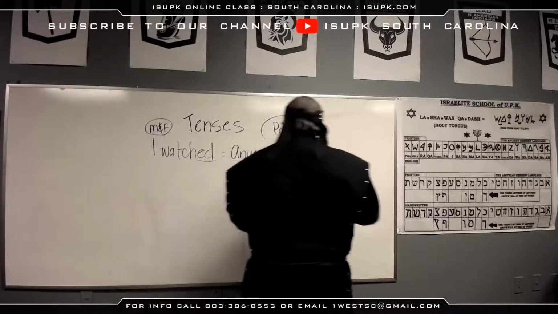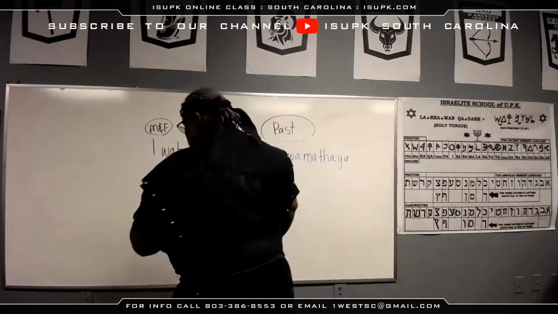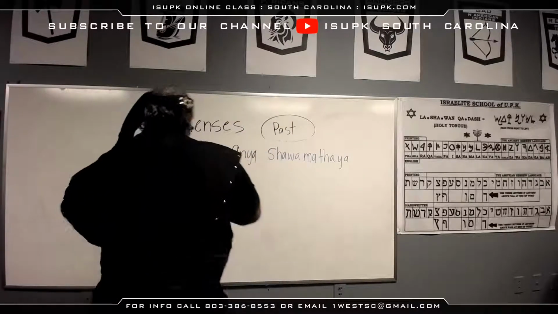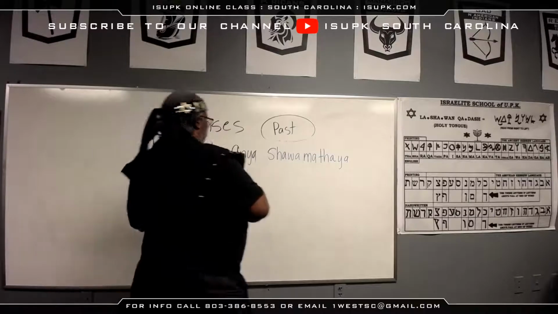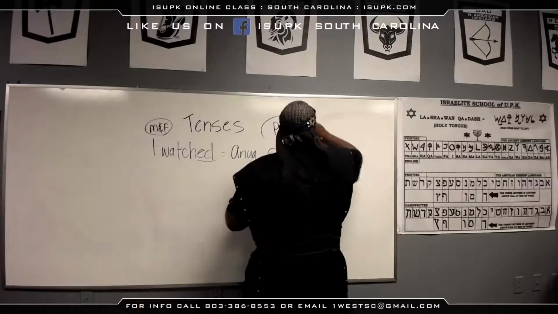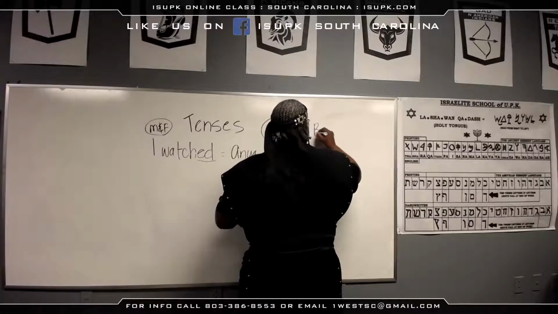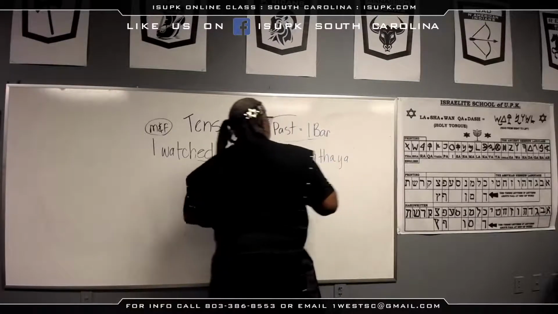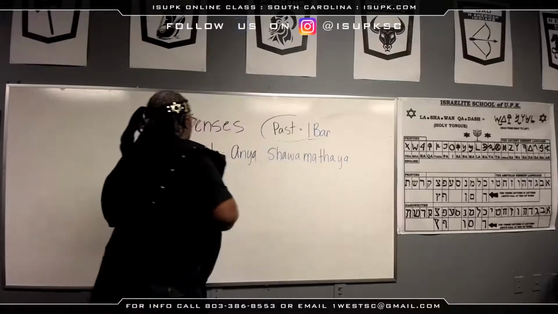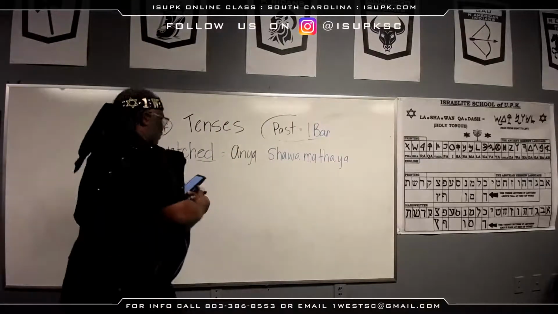All right, it's a big difference. And of course, the word for past tense, we want to say I bar. I bar. Like that. Okay? So here's a word, here's a sentence.